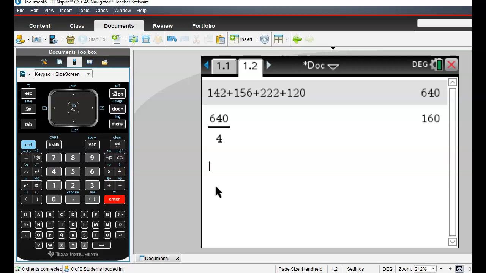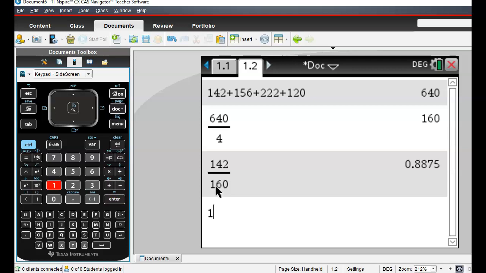So the seasonal average is 160. So for summer, we have to find that seasonal index. So that's 142 divided by 160. And so I'll have that as 0.89.